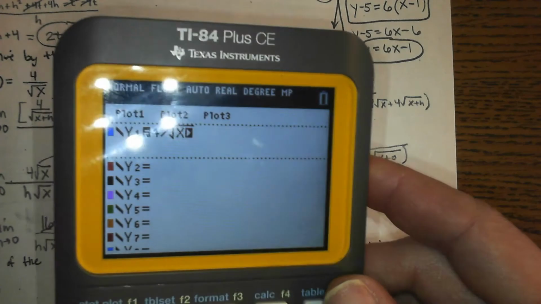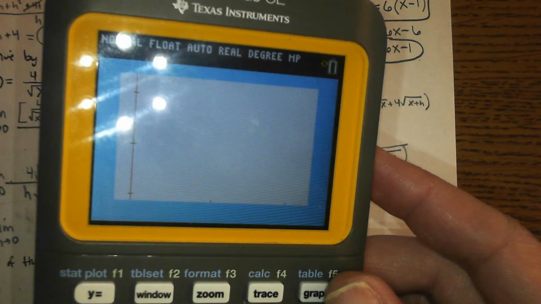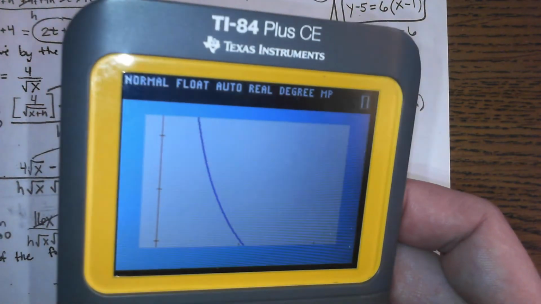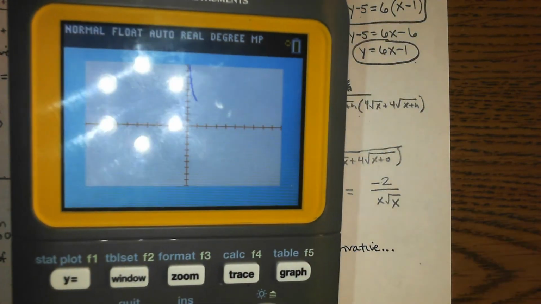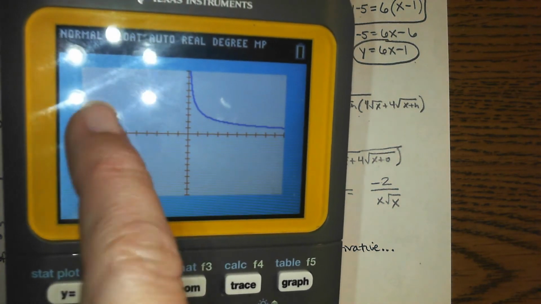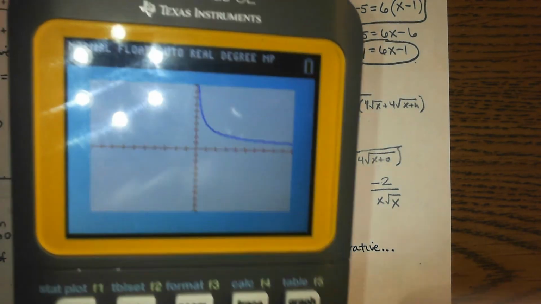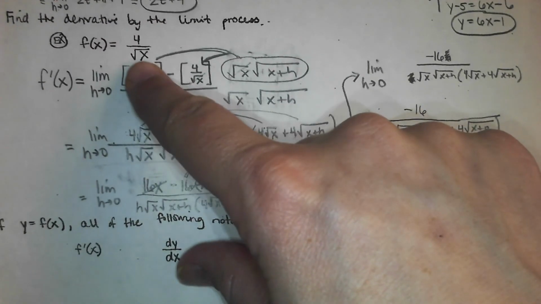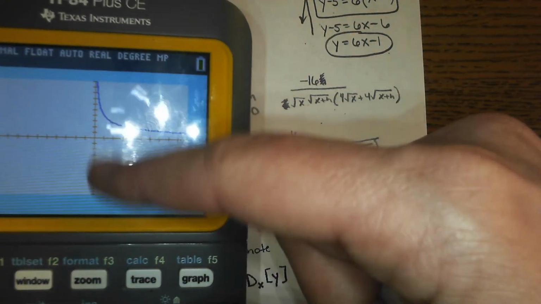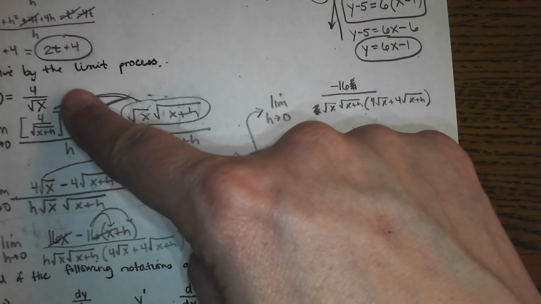Now the reason is, here's your original function. When you look at this function, why doesn't the derivative exist at negative numbers? Because the graph doesn't exist at negative numbers. Why doesn't the derivative exist at 0? Because the graph doesn't exist at 0.